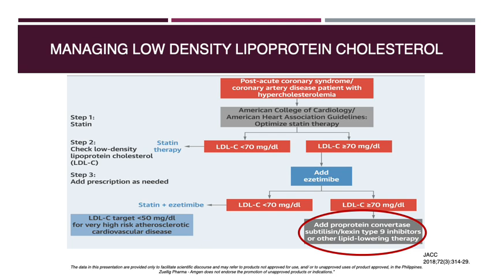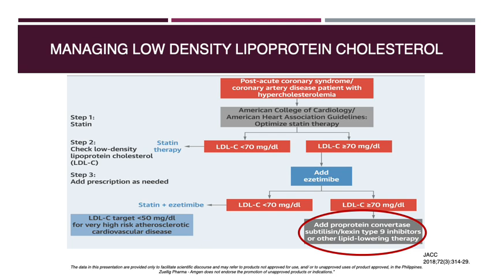In general, among patients who have acute coronary syndrome or coronary artery disease with hypercholesterolemia, the American College of Cardiology and the AHA recommend that statin therapy should be given to target an LDL of less than 70. If the LDL is still more than 70 milligrams per deciliter, we should add ezetimibe.